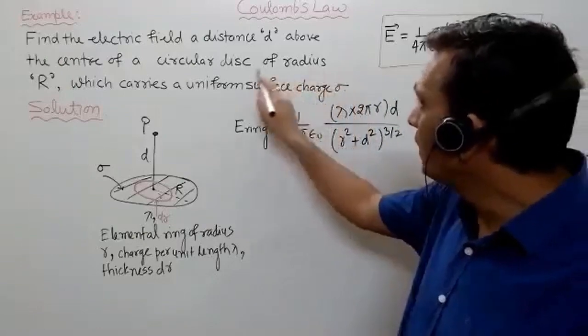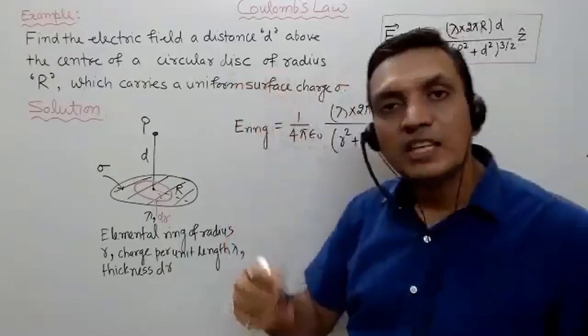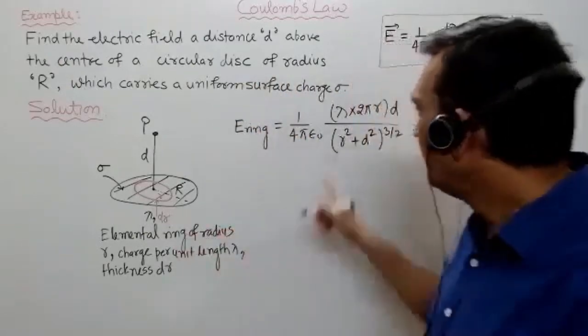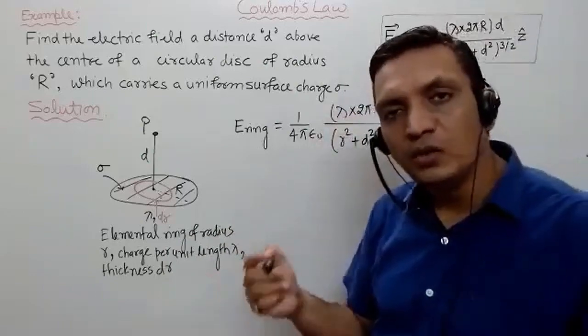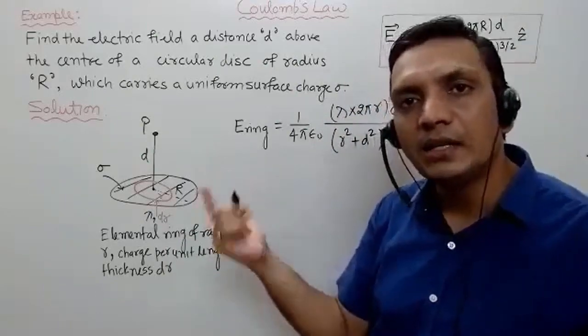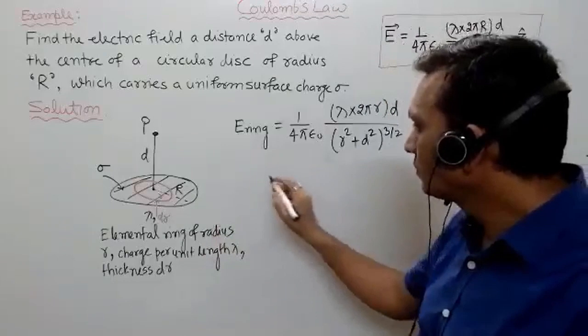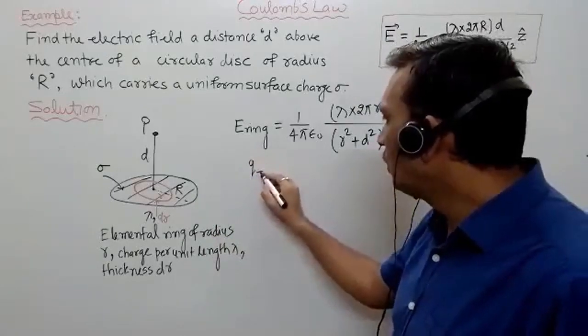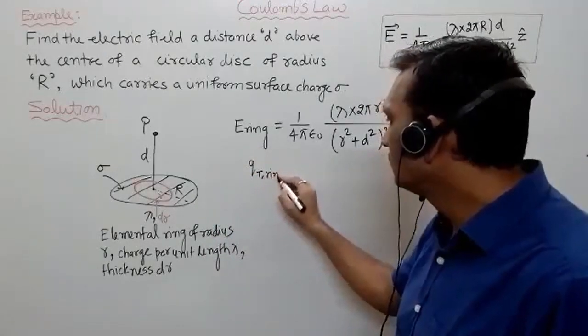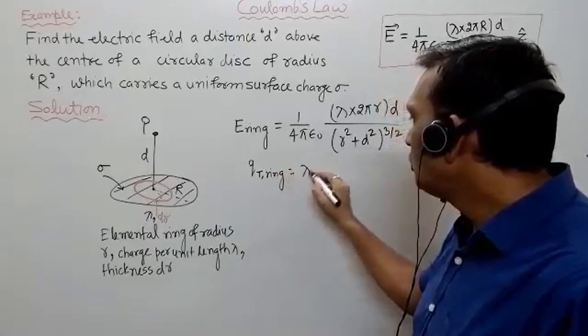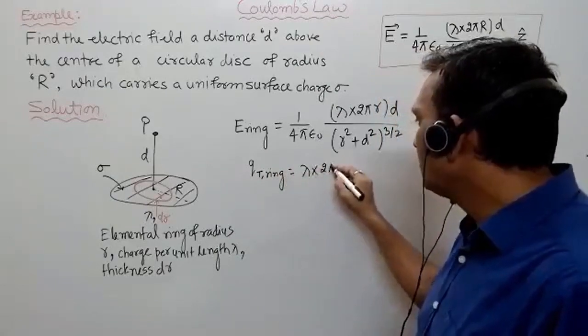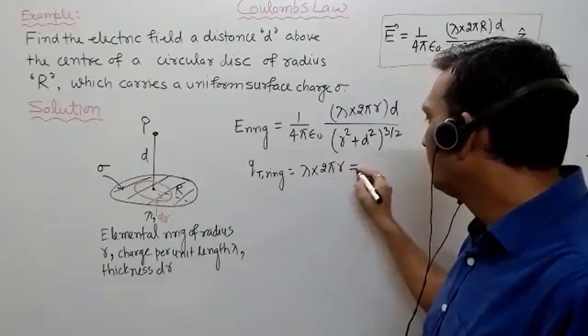But here known parameter is sigma. Sigma is given, surface charge. Lambda I have assumed. So you have to express lambda in terms of sigma. What will be total charge on the ring? In terms of lambda, you can write this as lambda into 2 pi r.